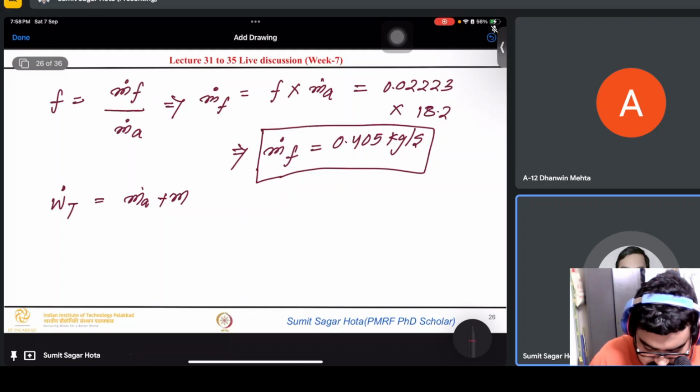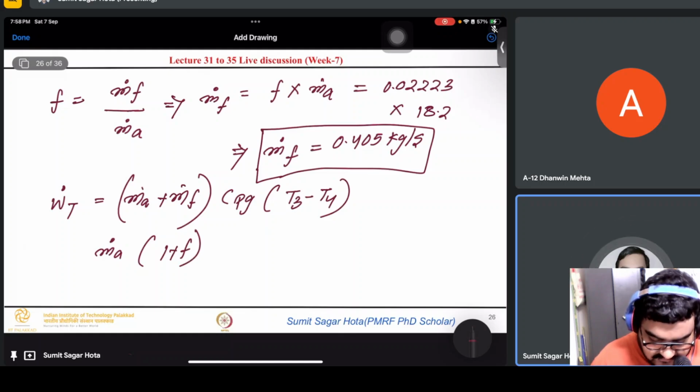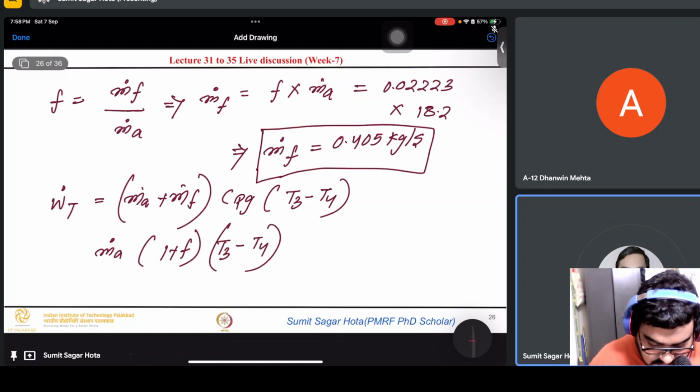M dot A plus M dot F into Cp of gas into T3 minus T4, M dot A into 1 plus f into T3 minus T4. What is M dot A then? Substitute all the values and get the answer of turbine work.